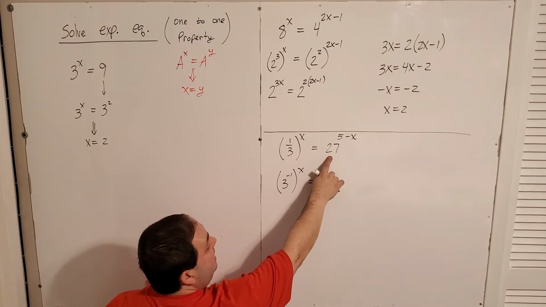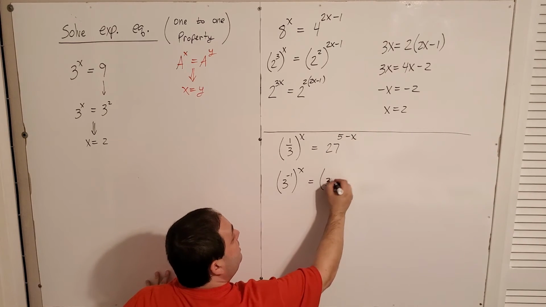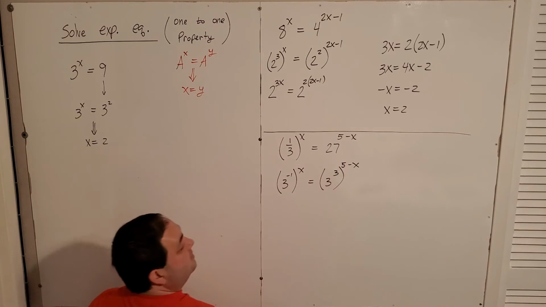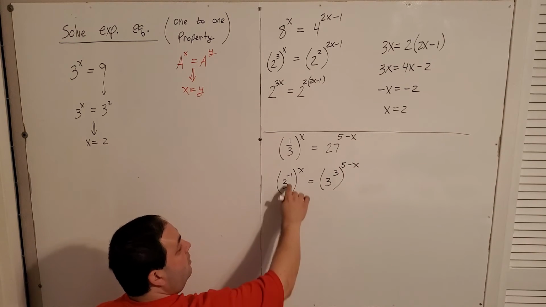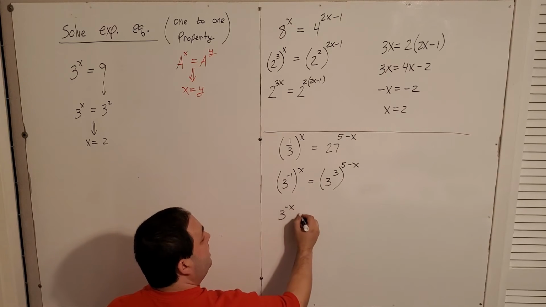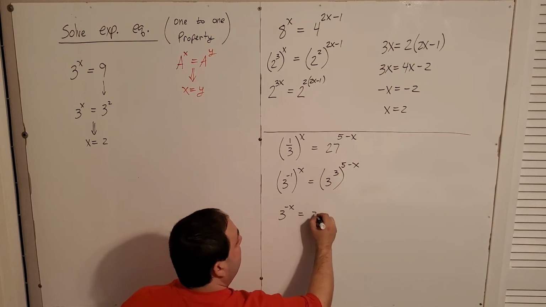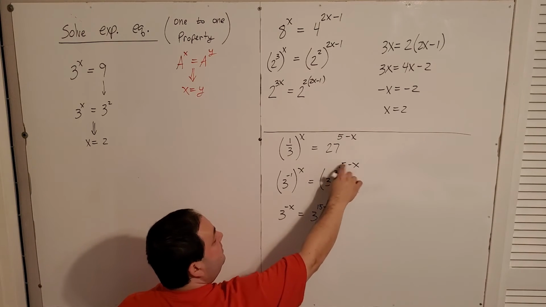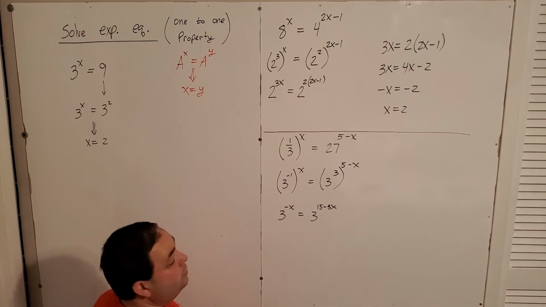And 27 is 3 raised to the 3 power, to the 5 minus x. One power raised to another is multiplication, so that's 3 to the negative x, and 3 raised to the 15 minus 3x. Don't forget that that's multiplied by the whole thing, so I distribute.